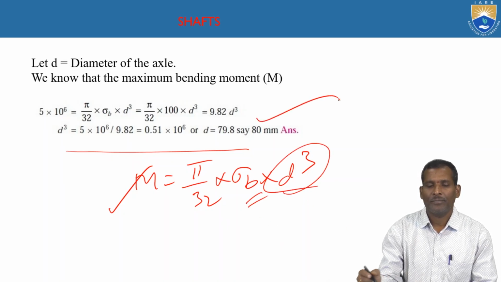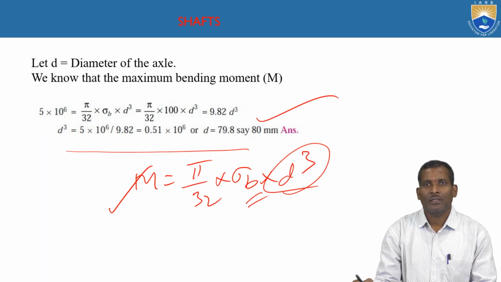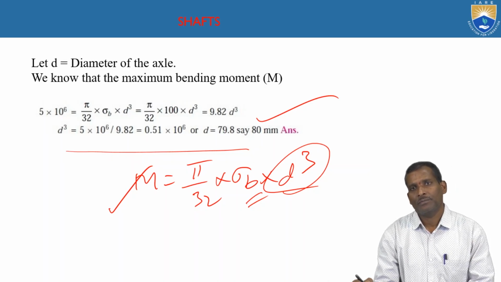So calculate D. D is 79.8 mm, so the standard diameter of the shaft is 80 mm.